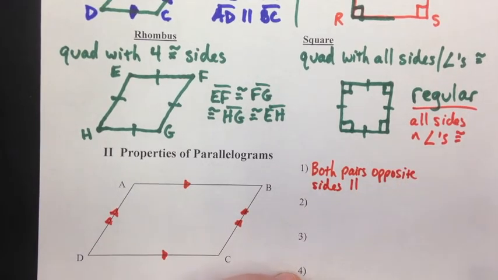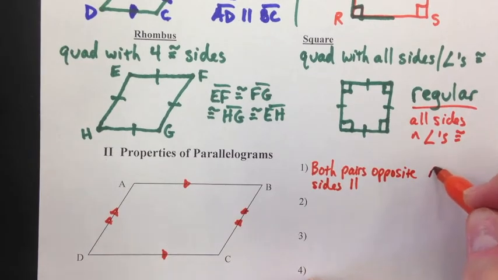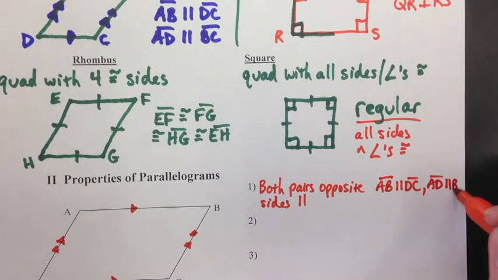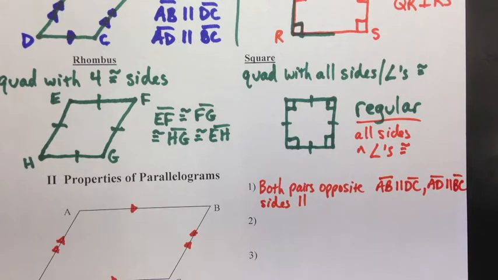Both pairs of opposite sides are parallel, and that means that AB is parallel to DC, and that means that AD is parallel to BC. So that's the first property, that's just the definition.